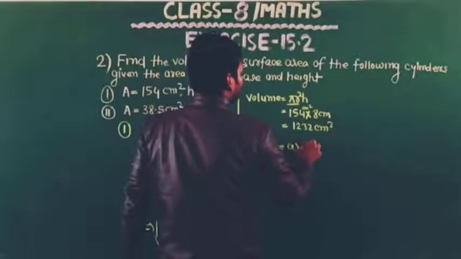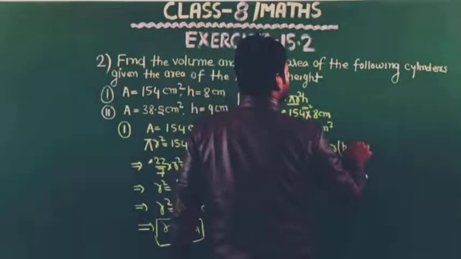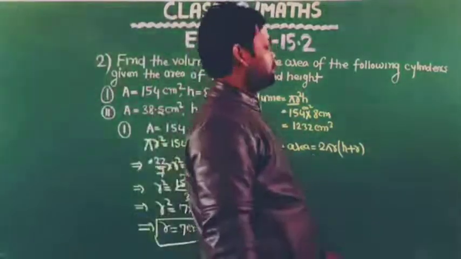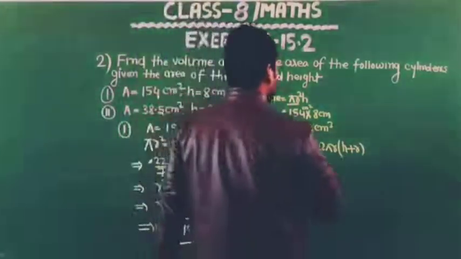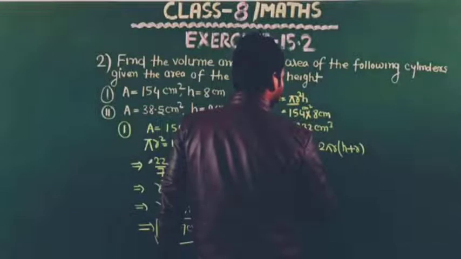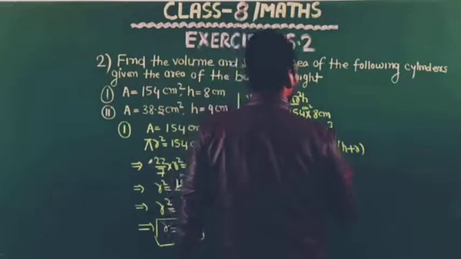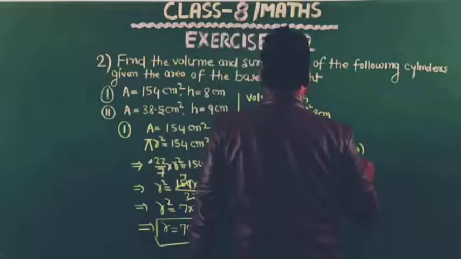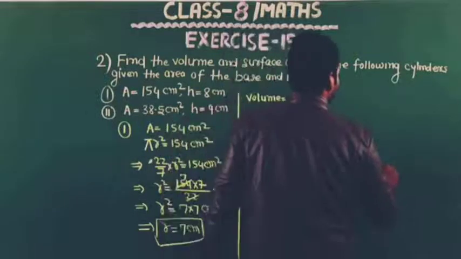And the surface area: the formula is 2 pi r into h plus r. This is the formula to calculate the total surface area of a cylinder. So here 2, pi is 22/7, radius r is 7 centimeter, into h is 8 centimeter plus radius 7 centimeter.